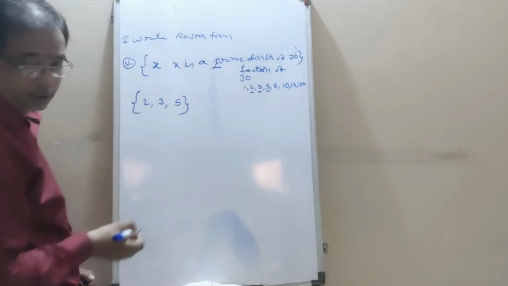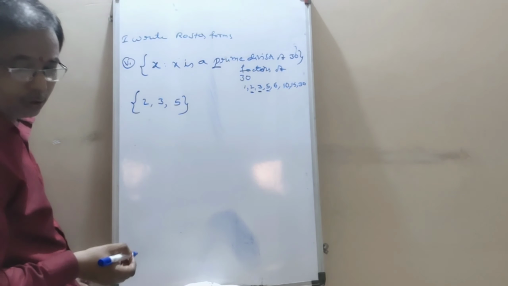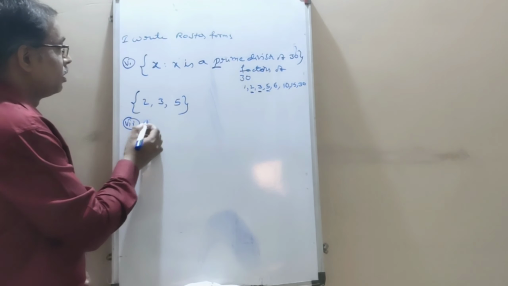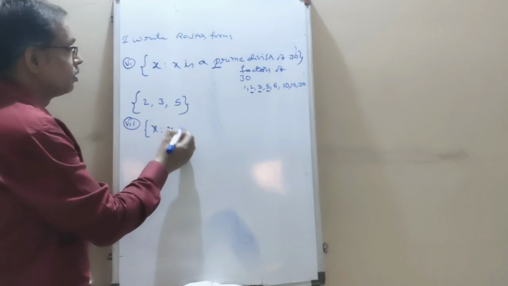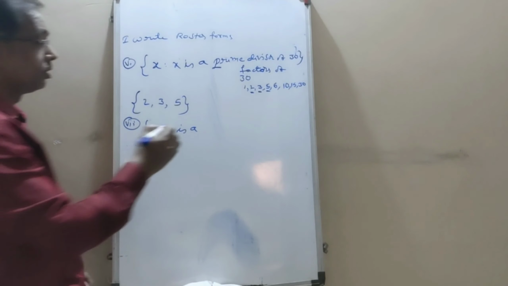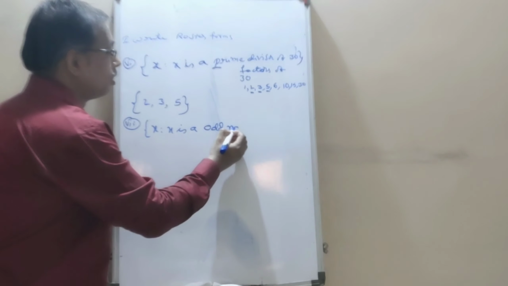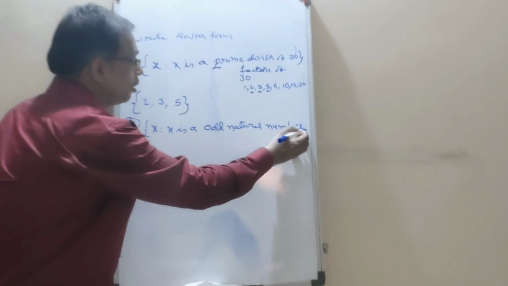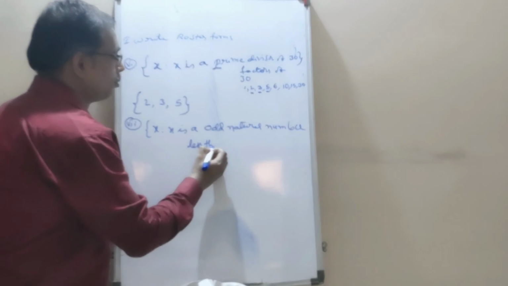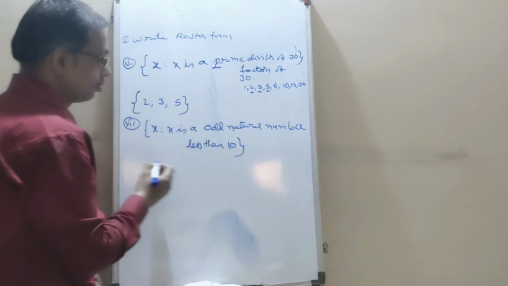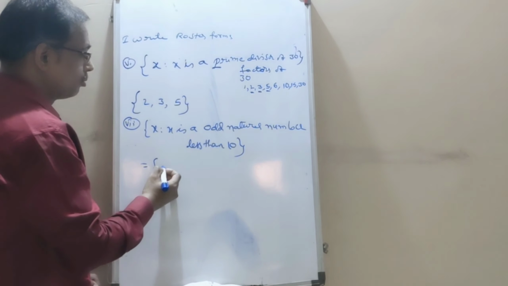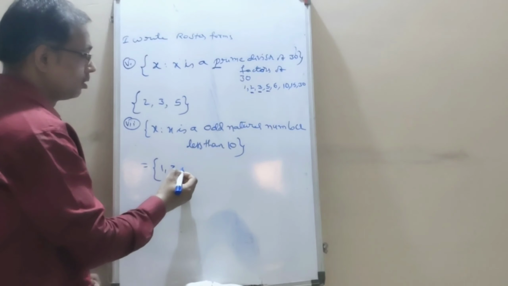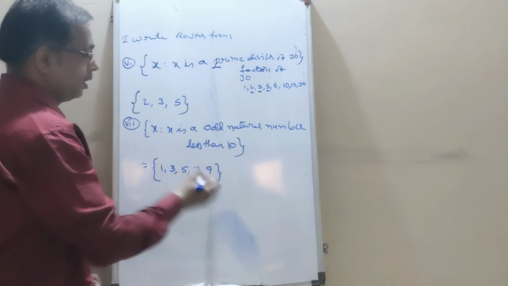Okay, so now next. x such that x is an odd natural number less than 10. Odd natural numbers start with 1, and then 3, 5, 7 and 9.